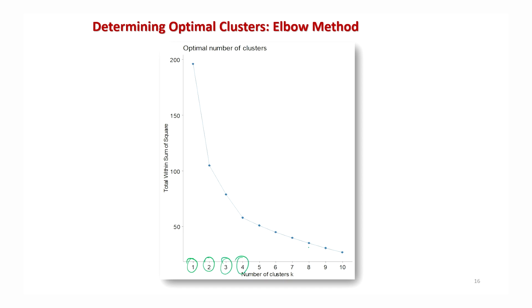Definitely if you increase the number of clusters, then the variability within the cluster is going to decrease. So this is what is happening, from this point to this point, and you can see here. Now the main challenge is that you have to find where the elbow is. The elbow is here or here, that is where there is some confusion.